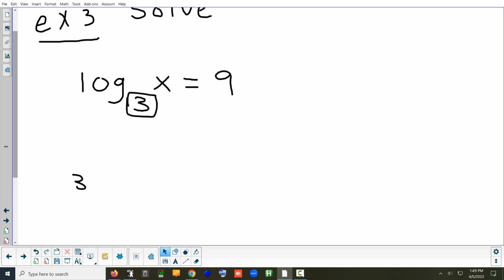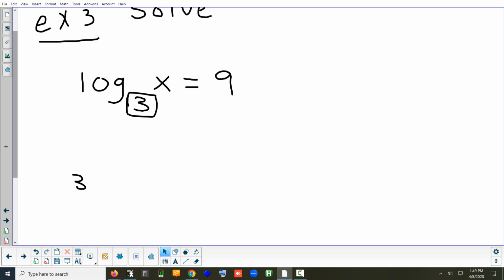Logarithm always equals what kind of number? Exponent. So in this case, my logarithm equals what number? Am I asking really hard questions?